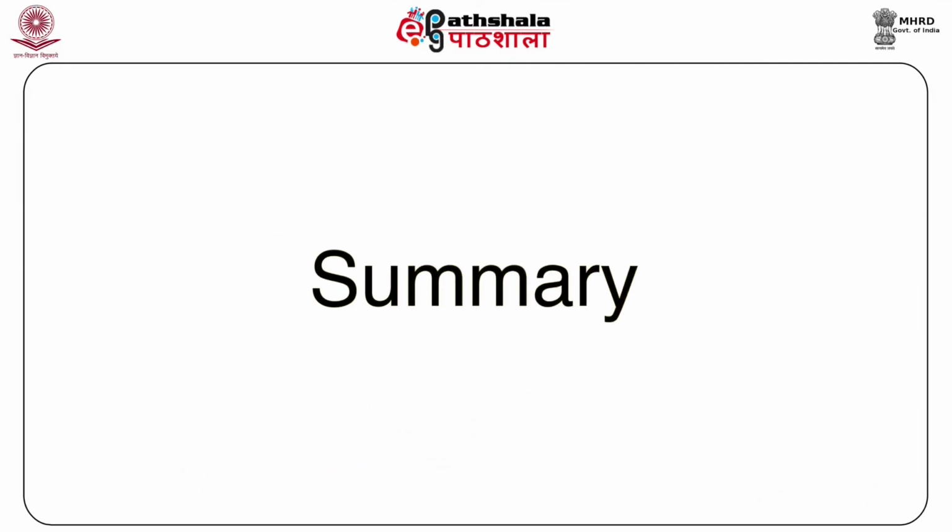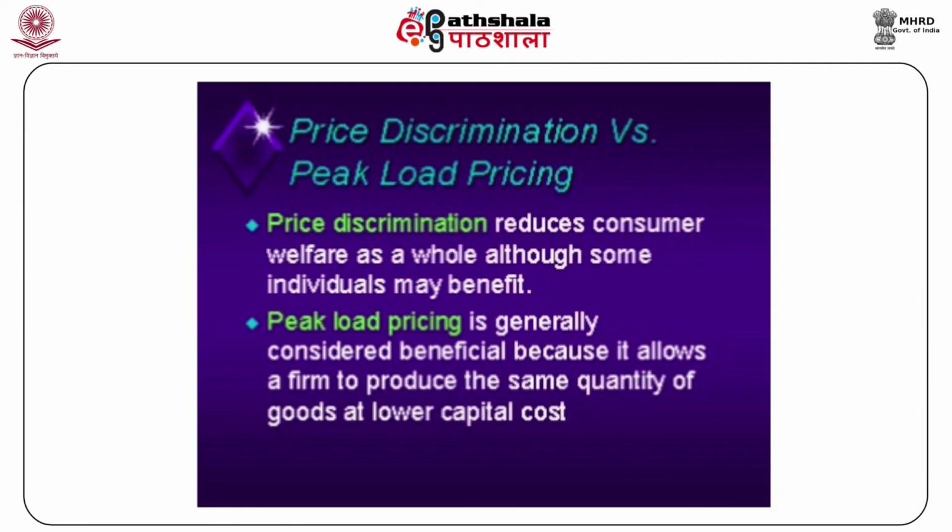Let us now summarize what we have learned in this module. Public utilities in most economies are natural monopolies, wherein a single firm can cater to the entire market more efficiently than a large number of firms. Being natural monopolies, the conduct of such firms is commonly regulated by state regulatory commissions that monitor the prices charged by them and also keep in check the extent, if any, to which price discrimination is used by these public utilities.